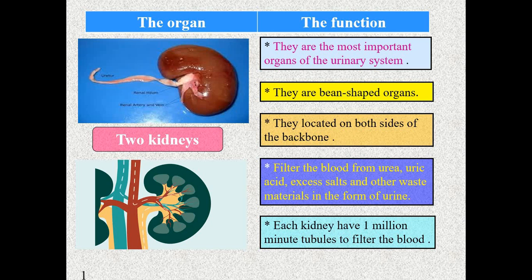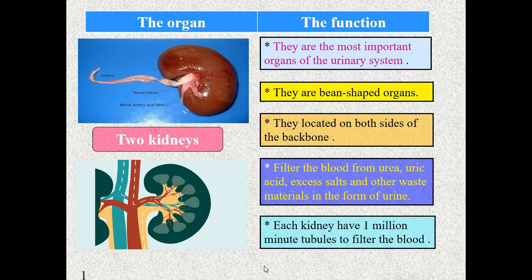Each kidney has 1 million minute tubules that act as a filter. They filter the blood and take the wastes from it.